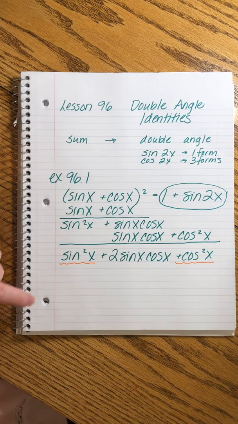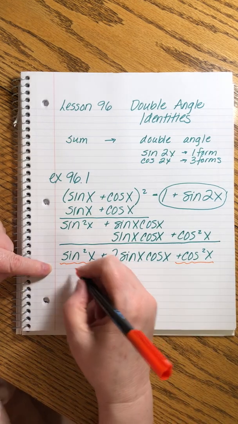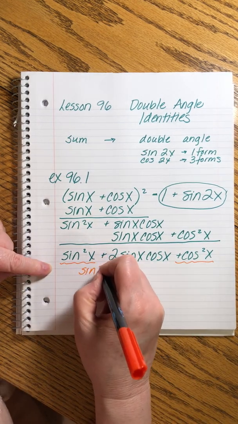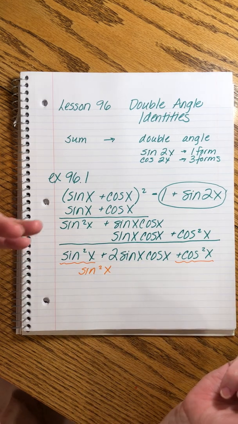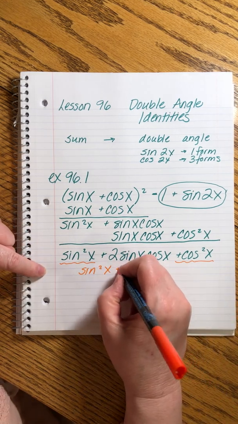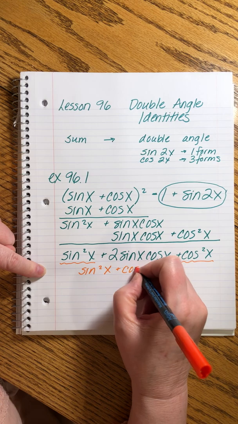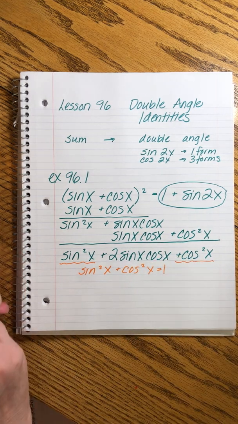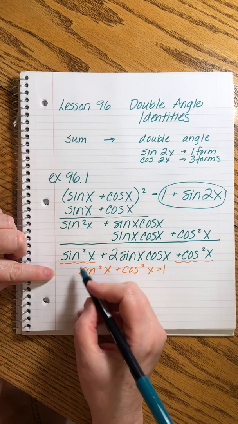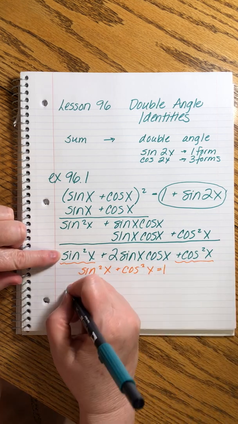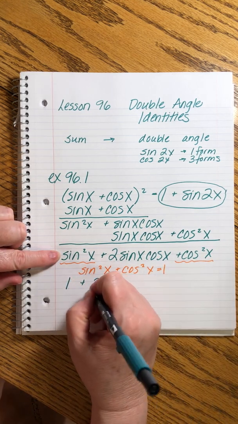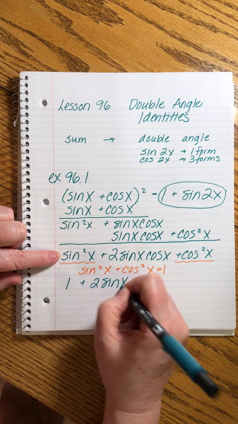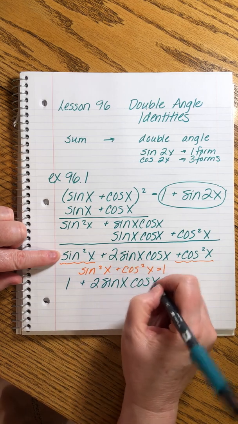So I can change, I'll just write that here. Sine squared x, or theta, it doesn't matter what letters you use, plus cosine squared x equals 1, right? So these two disappear, and I have 1 plus 2 sine x cosine x.